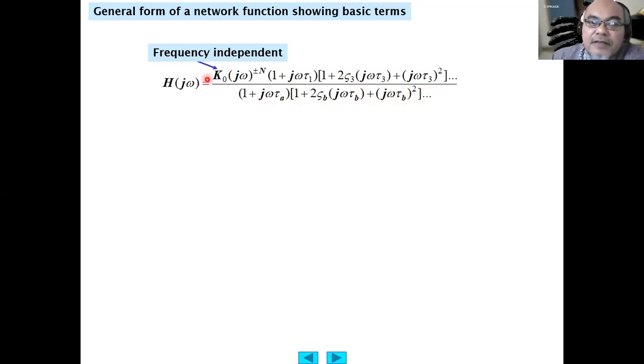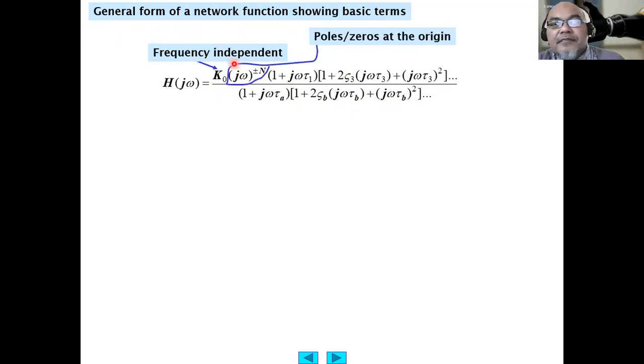Okay, the K0 factor is frequency independent, so it is a constant multiplication factor that doesn't vary with frequency. And we have the zero at the origin, jω, raised to the power plus or minus n.